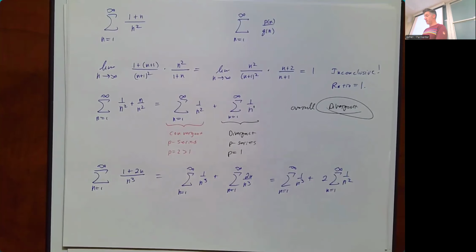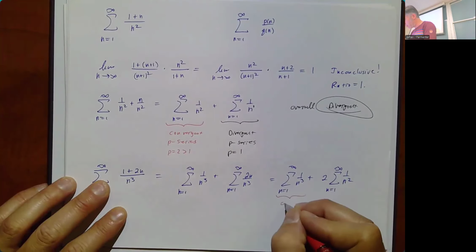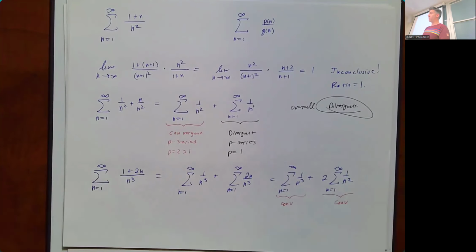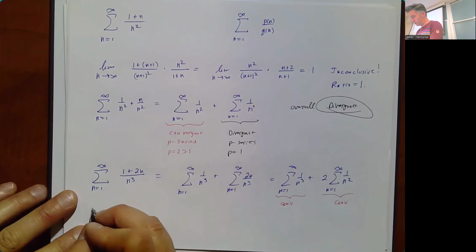And then both of these are convergent because they're both p series with p bigger than 1. That converges. And if the two things added together converge, the result is also convergent. So this is definitely convergent.